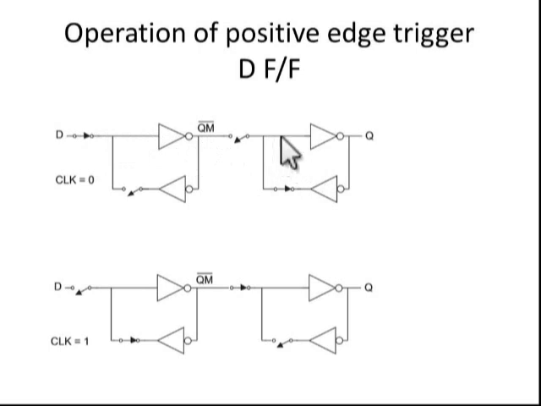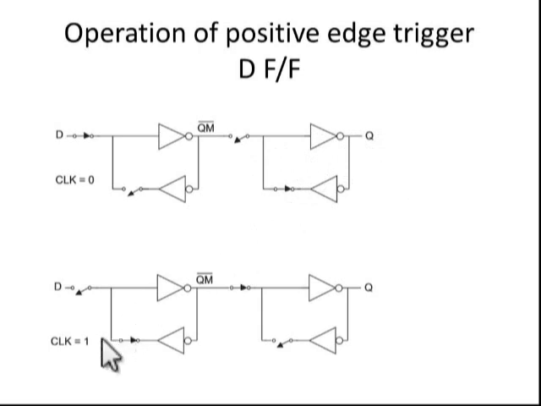So during the clock equal to 0, it retains a previous value. Because here the feedback switch is closed, it gets the data, but this is not passed to the output, because this switch is open, so there is no connection between D and Q. So it will retain the previous output.